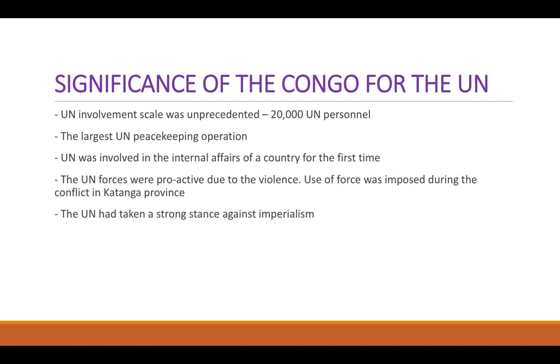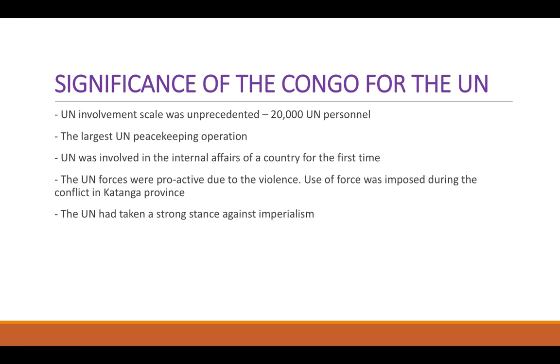UN forces were proactive due to violence. Use of force was imposed during the conflict in Katanga. In other conflicts, the United Nations' sole responsibility was to protect civilians and not be involved on the different fighting sides, but in the Congo conflict, they were proactive. They stopped violence. They fought. The UN had taken a strong stance against imperialism.